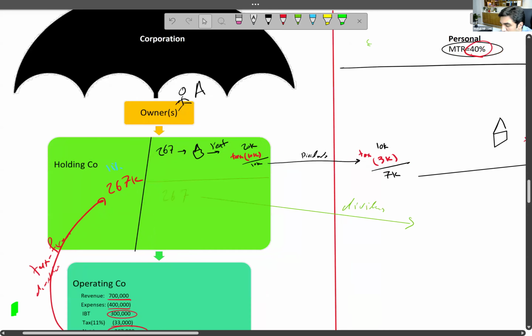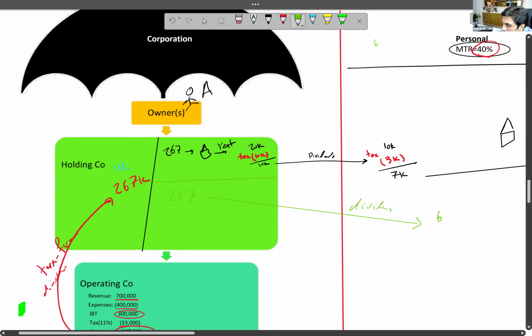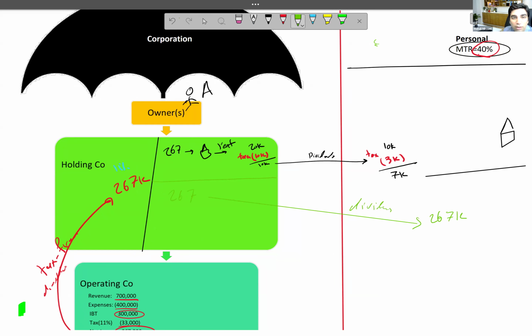So he makes $267,000 personal income as dividend. How much tax he has to pay? Almost $100,000 will go for tax. Make sense? 40%. So he's left with how much? $167,000.